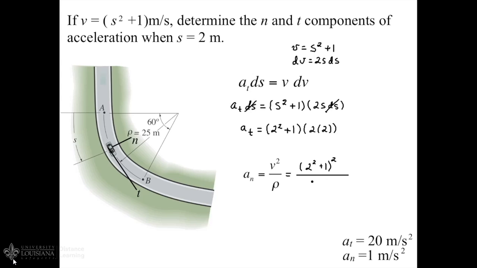And we divide by rho, which in our problem turns out to be 25 meters. When you work it out, you get an answer of 1 meter per second squared. Therefore, the two components are specified, and the acceleration itself is actually directed like you see here. Again, directed inward toward the center of curvature, or in toward the curve.